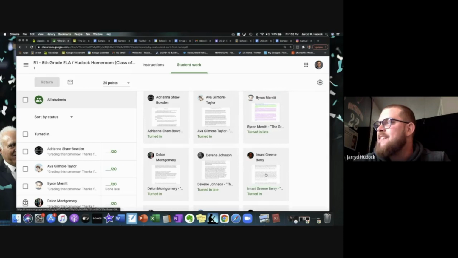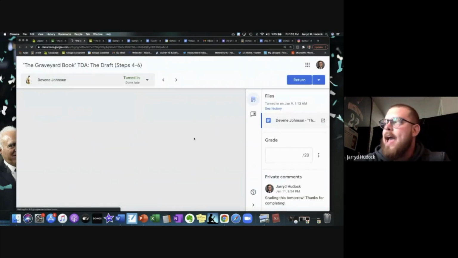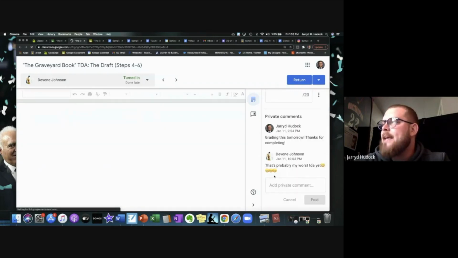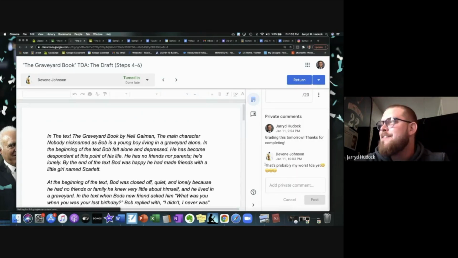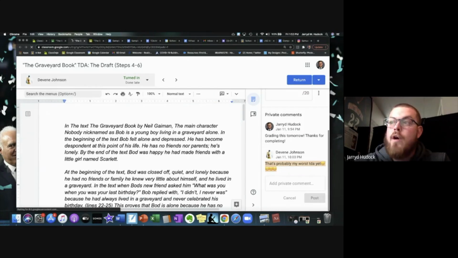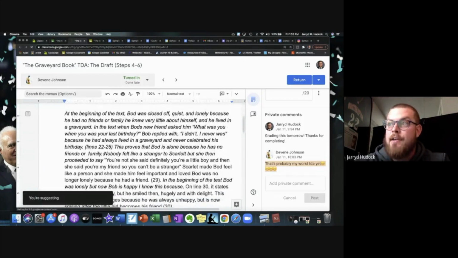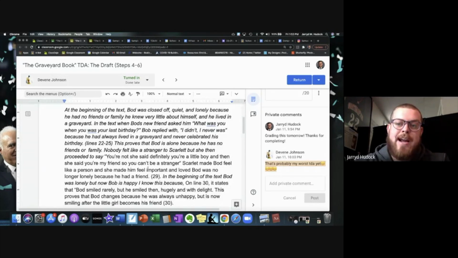But just taking a look once again, I'll go through their essays, and I always provide feedback in the private comments. Devine said this is probably her worst TDA, probably because she waited until the last minute to write it. But we'll go through and take a look at their responses, and I'll share a model of a 4, a 3, a 2, and a 1.